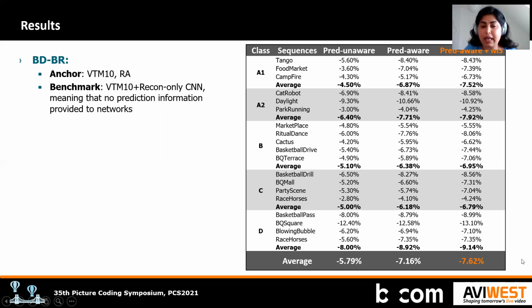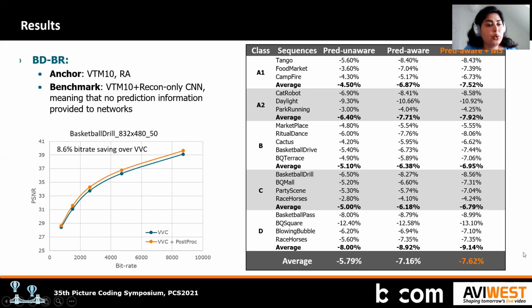And as you can see, on average, we have obtained 5.79% gain. When we add the prediction information to the network, we get 7.16%. And moreover, when we also add the model selection strategy to the prediction awareness, we get 7.62% gain in total, on average.